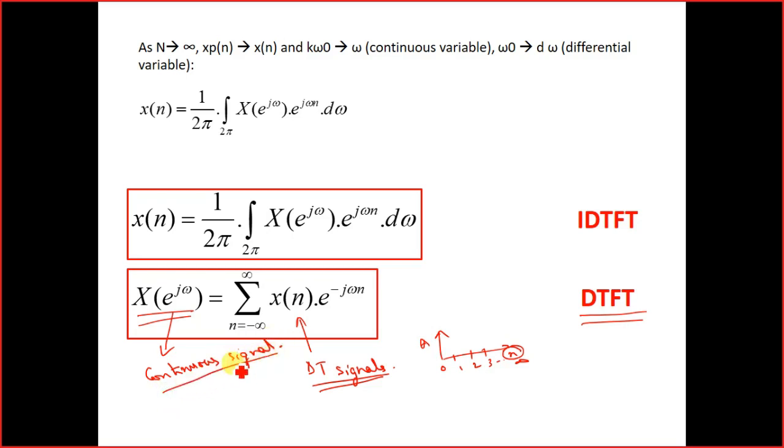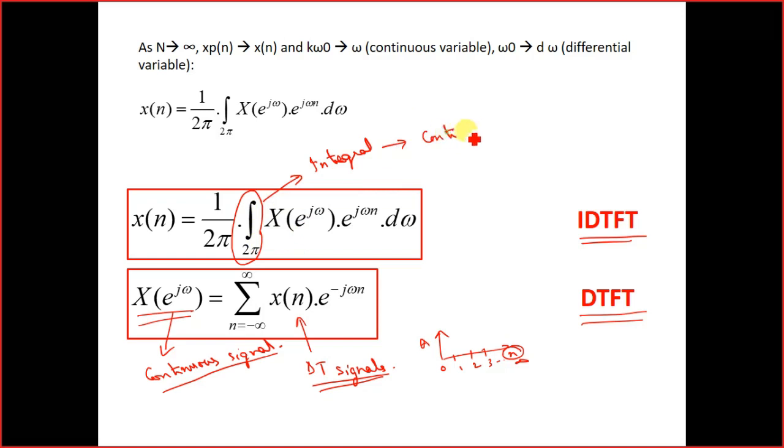The frequency domain plot is continuous, and accordingly when we perform the IDTFT, the inverse discrete time Fourier transform, we have to implement an integral. So we need to process the continuous signal.